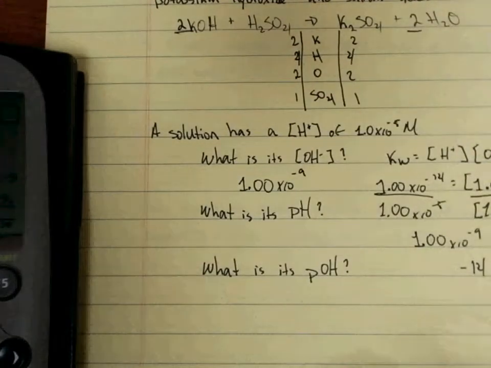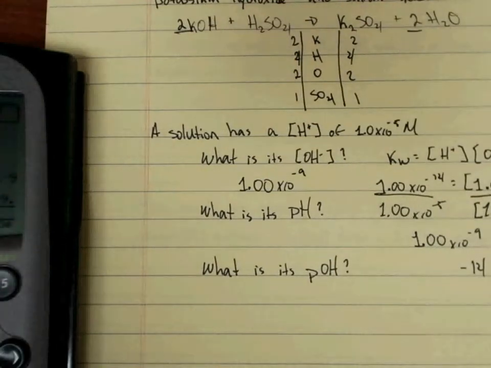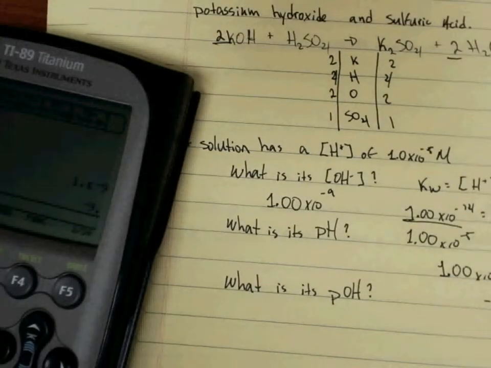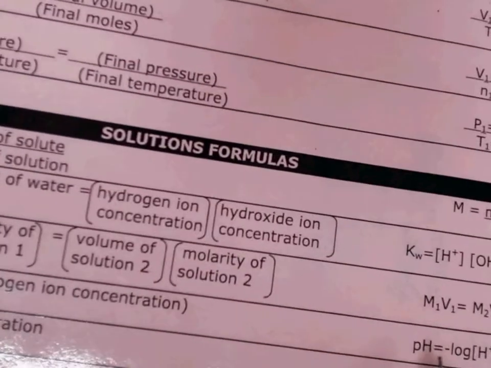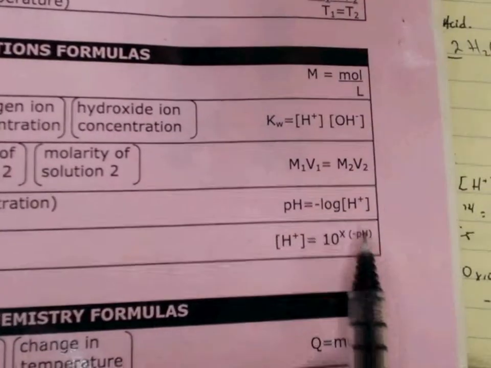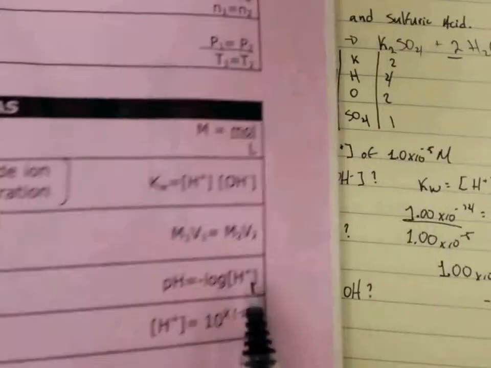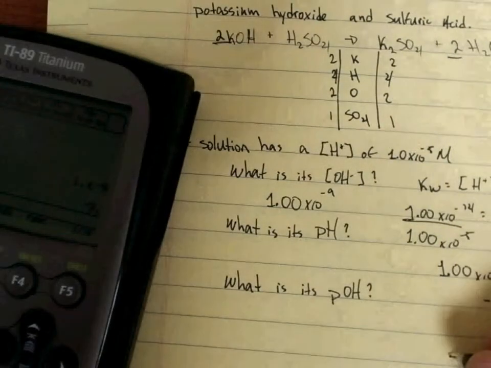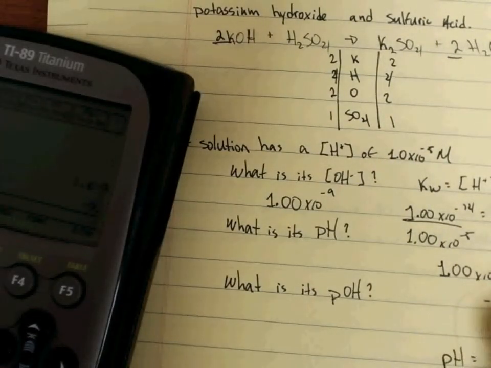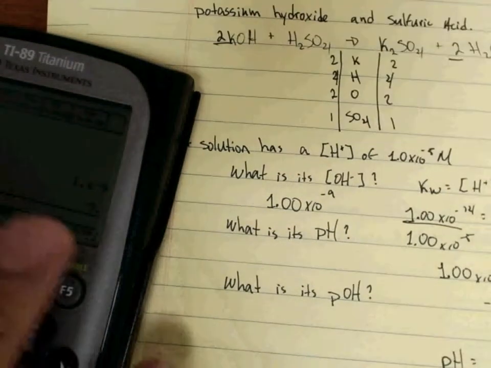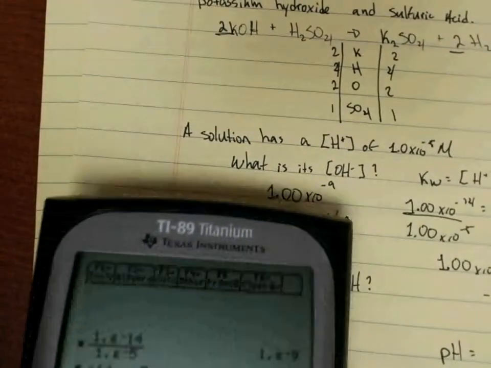Alright, so now what is my pH? Well, I'm awful at doing pH, but I do know that I can just look it up. So how do I find pH? Well, pH is negative log of my hydrogen ion concentration. So I'm going to do pH is equal to negative log of my H plus. And I know what my H plus is because the problem has given it to me.